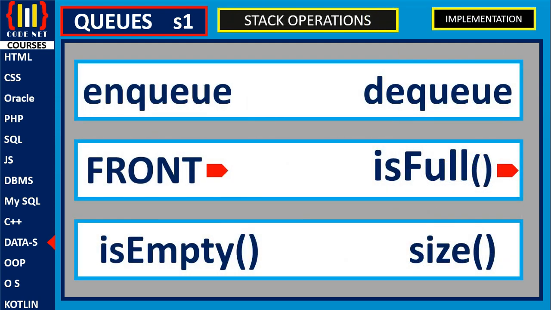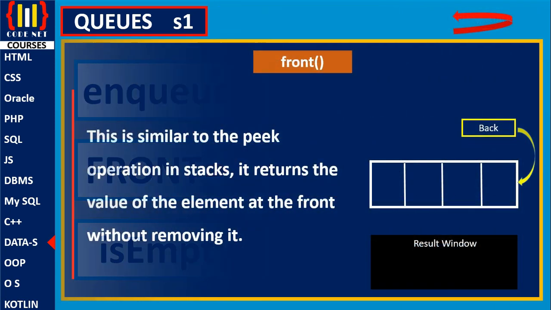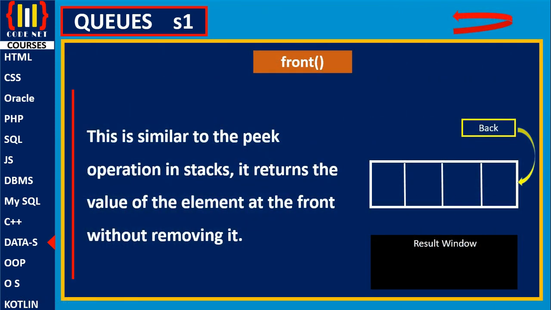Now, are there some other types of operations that we can talk about when it comes to queues? Well, definitely we have some. Another operation is front, because we've talked about enqueue and dequeue: enqueue, adding an element; dequeue, removing an element. Front as an operation is similar to peek as an operation in stacks, because we've understood what stacks are as a data structure.